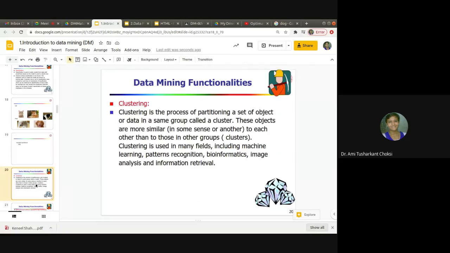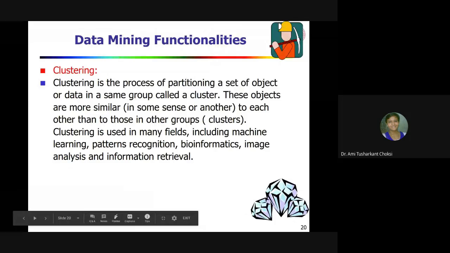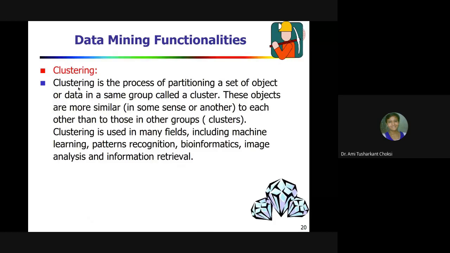Fine. Okay. So now we want to know about the next functionality, that is clustering. What is that? Clustering is the process of partitioning a set of object or data in a same group called cluster.